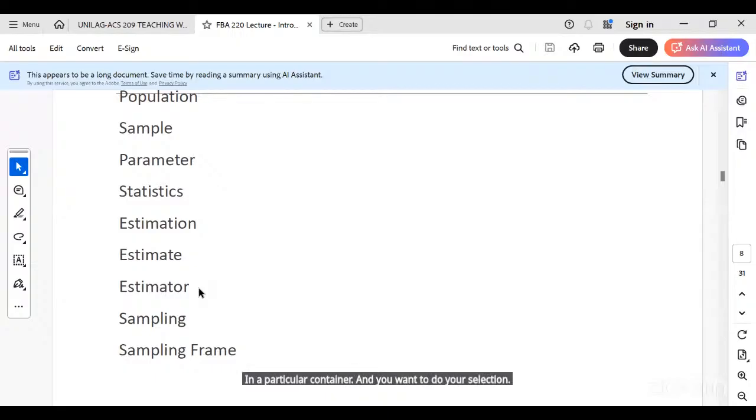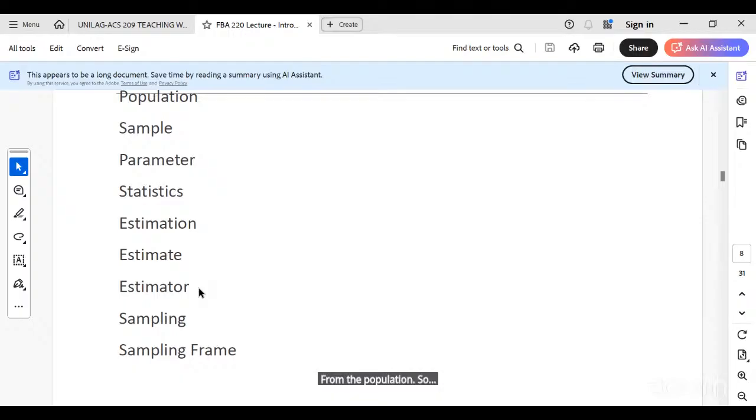The entire container that you have, whether you have it as entries in a database or in a raffle draw box or whatever, represents your population. It represents the entire entries, the total number of purchases that you have within that time frame. You want to select winners from those entries. The winners that you are selecting are a sample from the population.